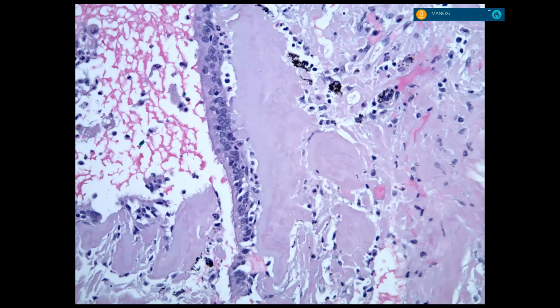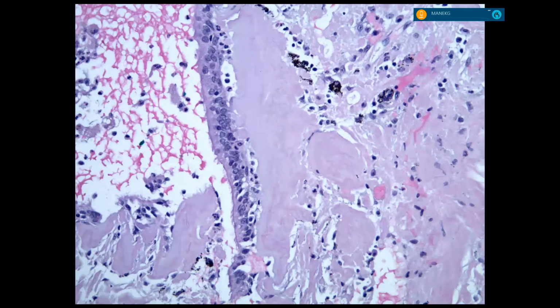But if they want to give you this, they'll tell you, 80-year-old with bilateral pleural effusions and cardiomyopathy, and they'll give you a Congo red stain next to it. On Congo red, this turns a sand color, and if you polarize it, they'll show you apple green birefringence. That's the key thing you're looking for, along with this very pink material that looks like fibrosis but is a little more homogeneous.